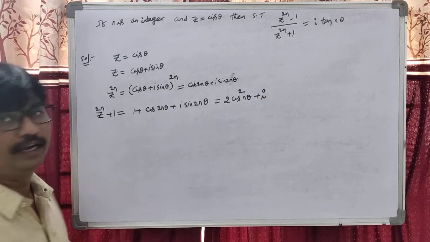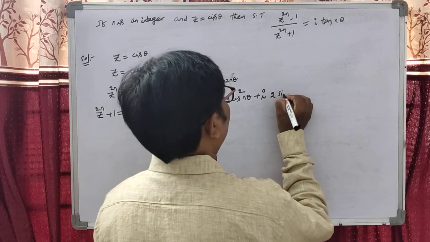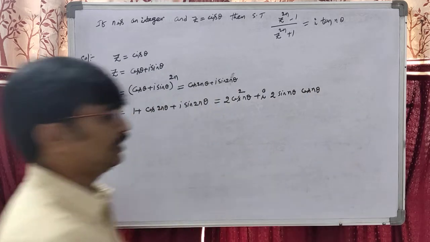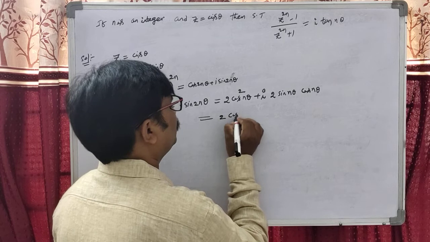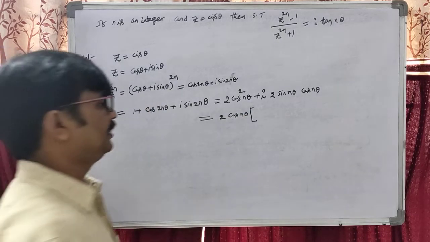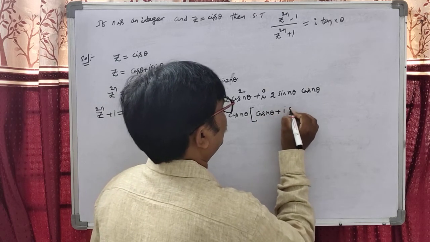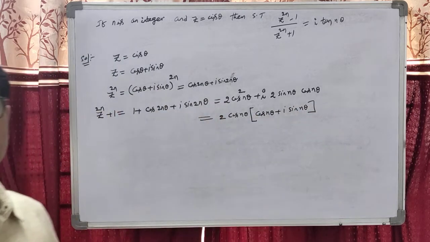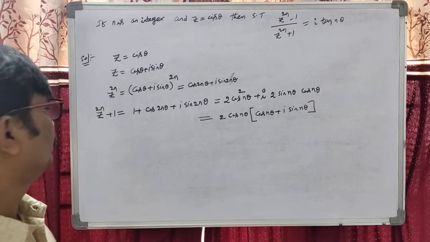After then, sin 2a is 2 sin a cos a, that is 2 sin n theta cos of n theta. My dear students, 2 cos of n theta is the common factor. So we can write it as cos of n theta plus i sin n theta. 2 cos of n theta is common, students: cos n theta plus i sin n theta.